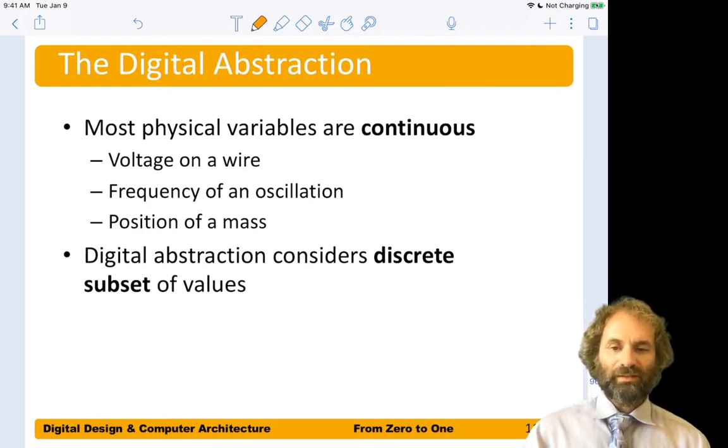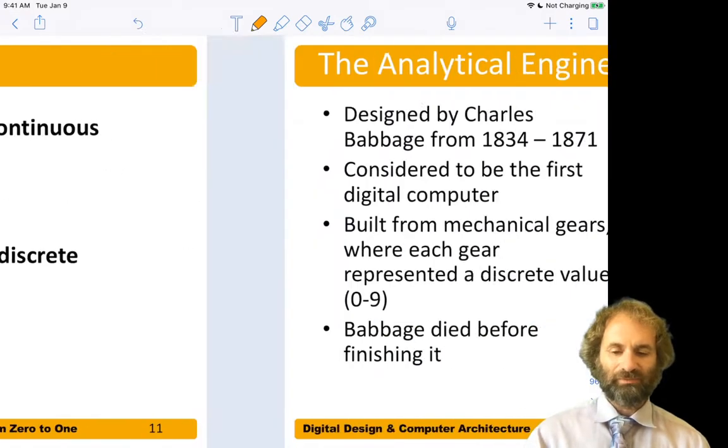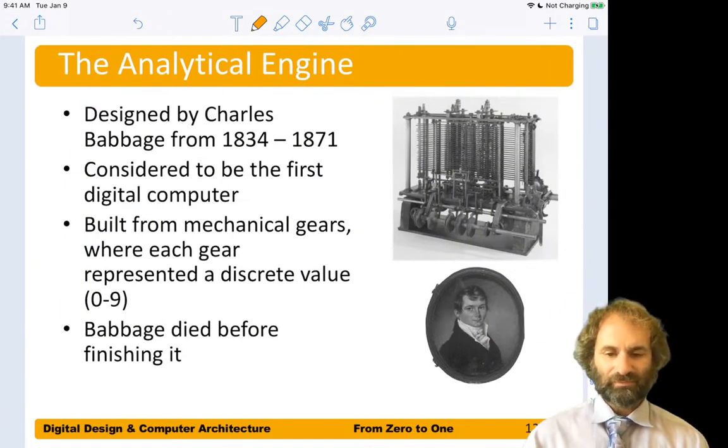So one of the key abstractions for this course is the digital abstraction. Most physical variables are continuous, such as the voltage on a wire, the frequency of an oscillation, or the position of a mass. But in the digital abstraction, we're going to consider a discrete subset of these values to define our zeros and ones. One of the early examples of the digital abstraction was a mechanical computer called the analytical engine.